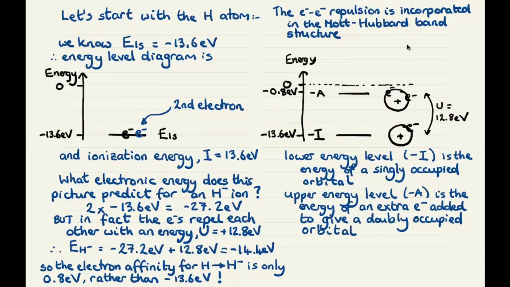When we go on to discuss the band picture corresponding to this simple atomic limit, we will be calling these the upper and lower subbands, or the upper and lower Hubbard bands.